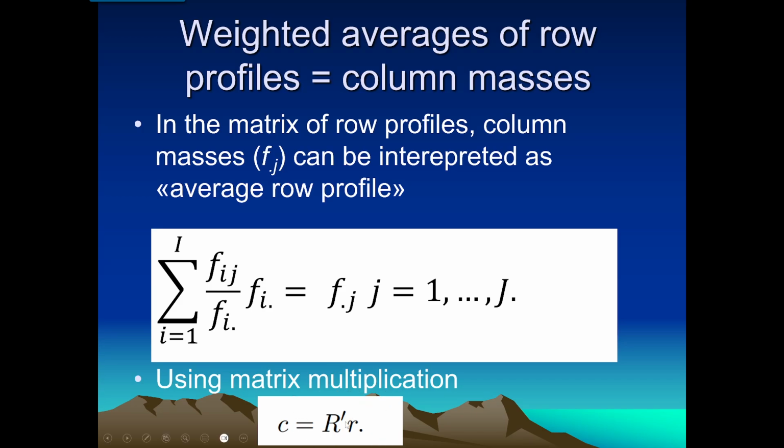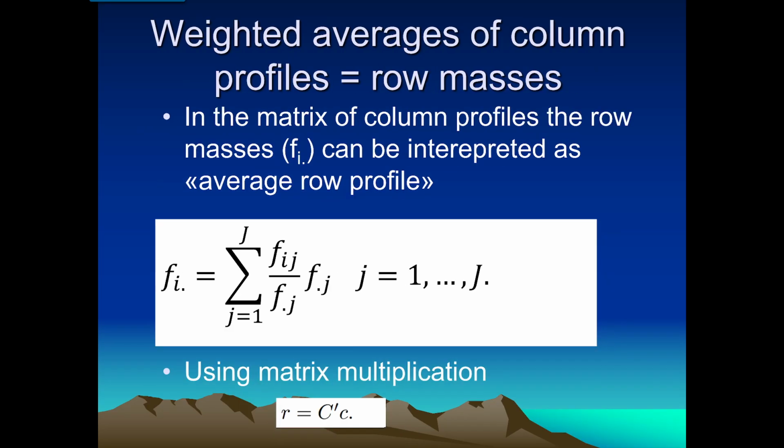Therefore, the column masses can be interpreted as the weighted averages of row profiles. Incredible, eh? Same thing if you take weighted averages of the column profiles, you obtain the row masses.